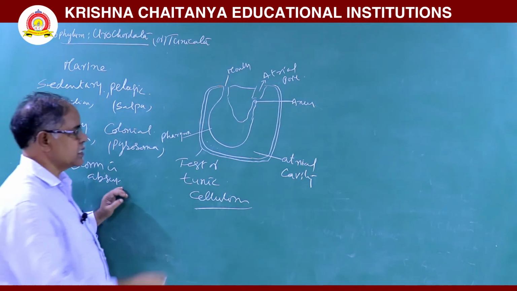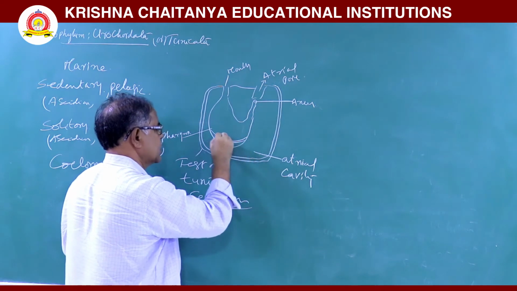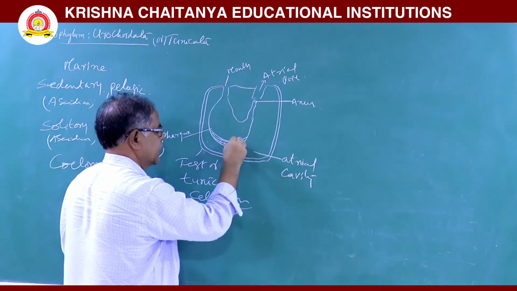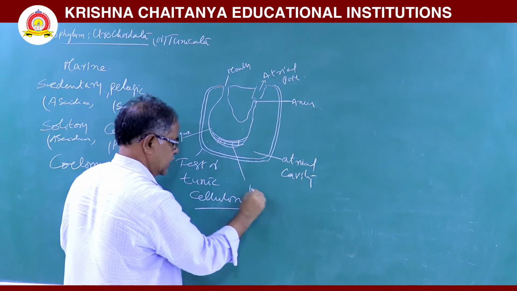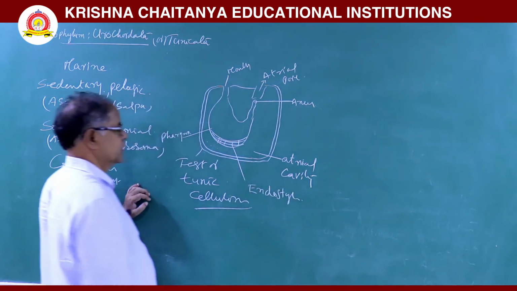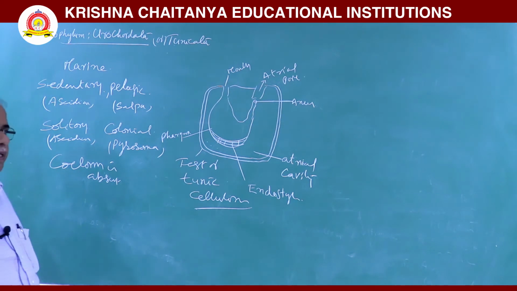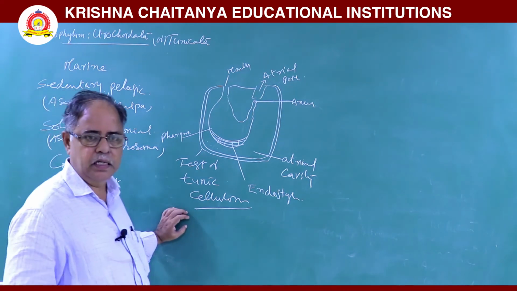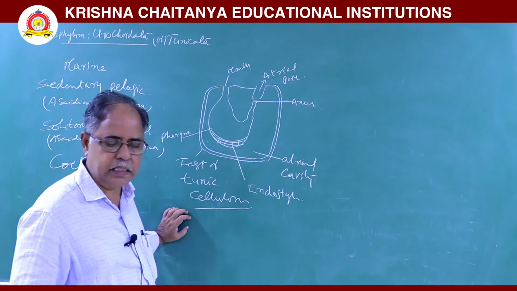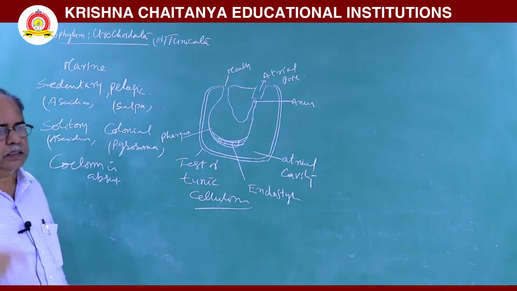On the ventral side of the pharynx, one groove is there. This groove is called the endostyle. This endostyle is a forerunner of the thyroid gland of other vertebrates.